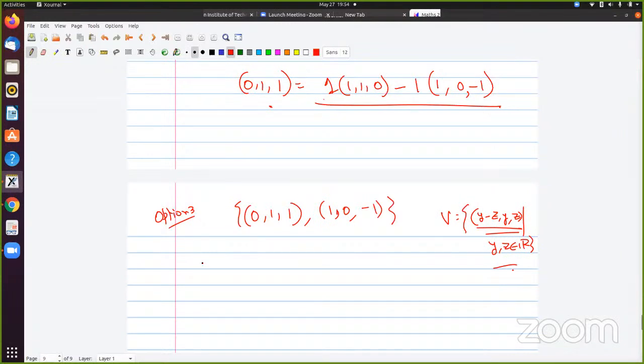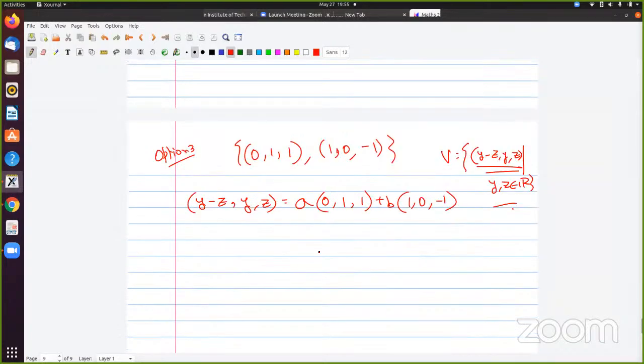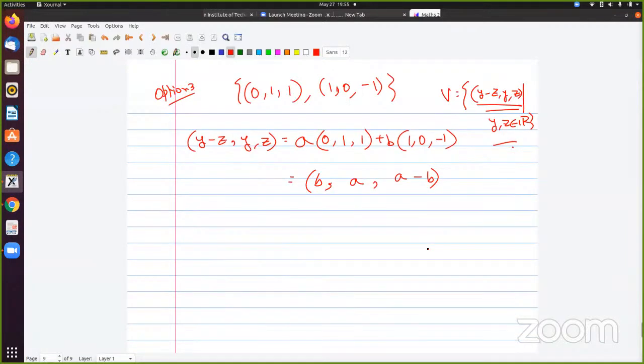So can we get any A and B like this so that it holds, right? So what are the equations I am getting?